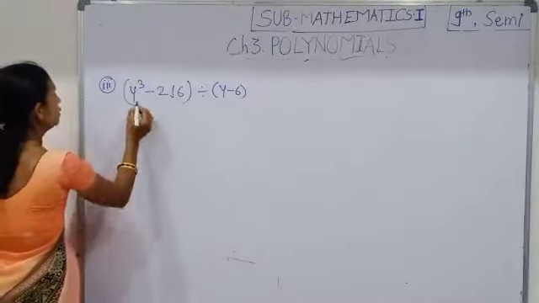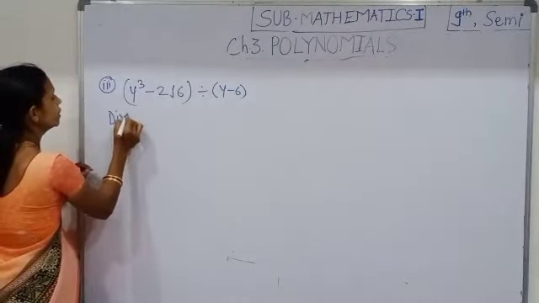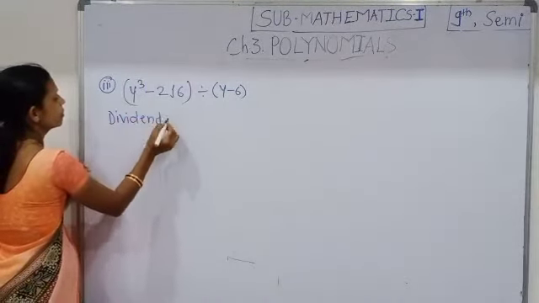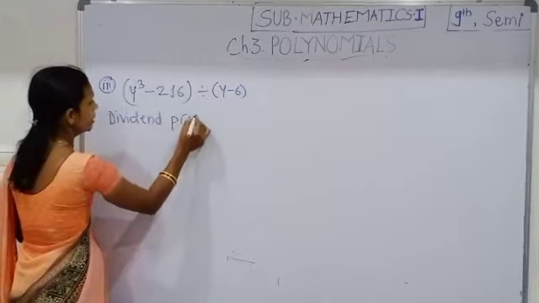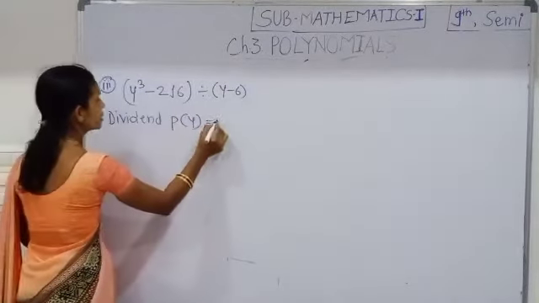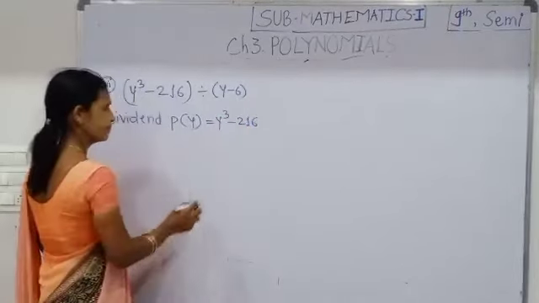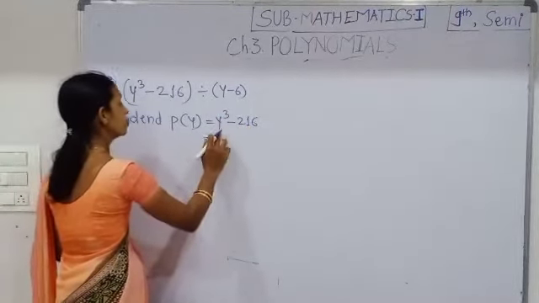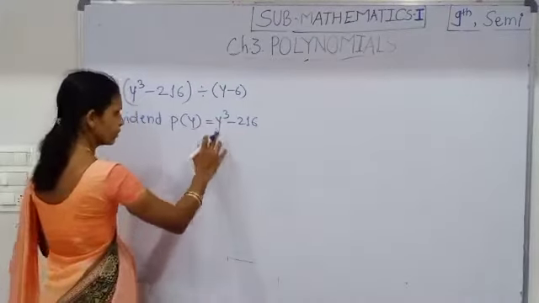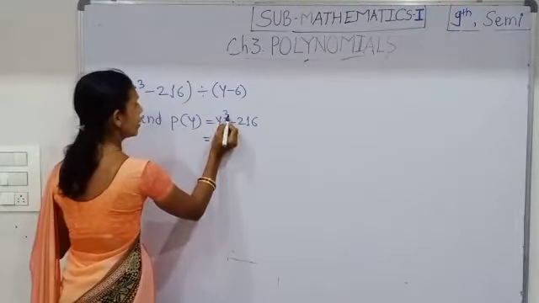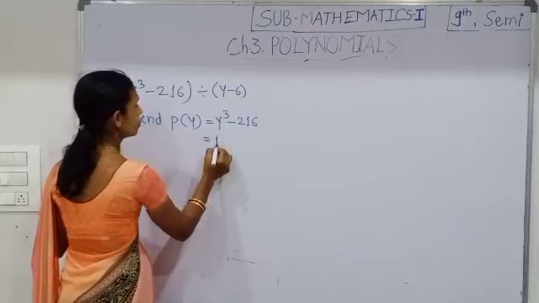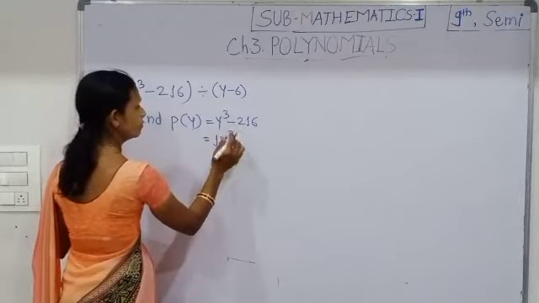Here the dividend is a polynomial in the y variable, that is y cube minus 216. Therefore, we have to write this in index form. See here, the degree of y is 3. Therefore, we have to write 1y cube.